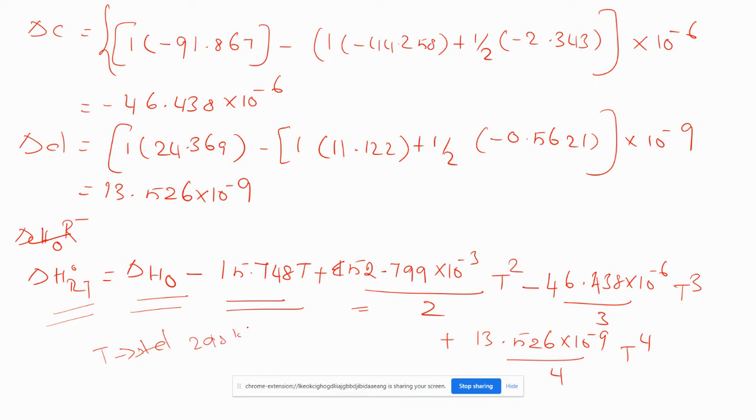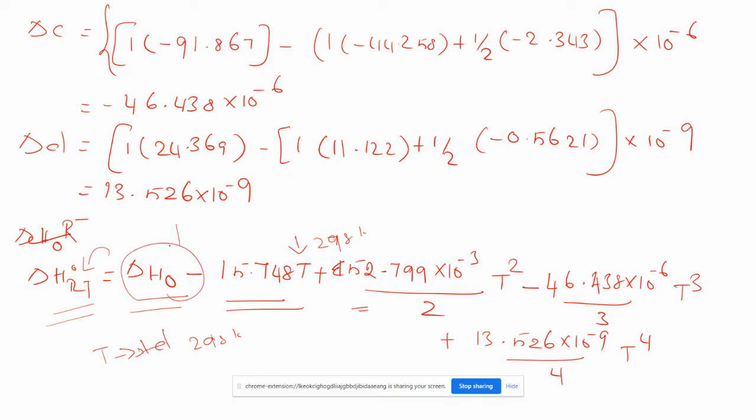So at that time, del H0 RT, whatever will be found, will be of standard conditions. So now substitute this del H0 RT value, whatever we have found or given, and T is equal to 298 Kelvin.